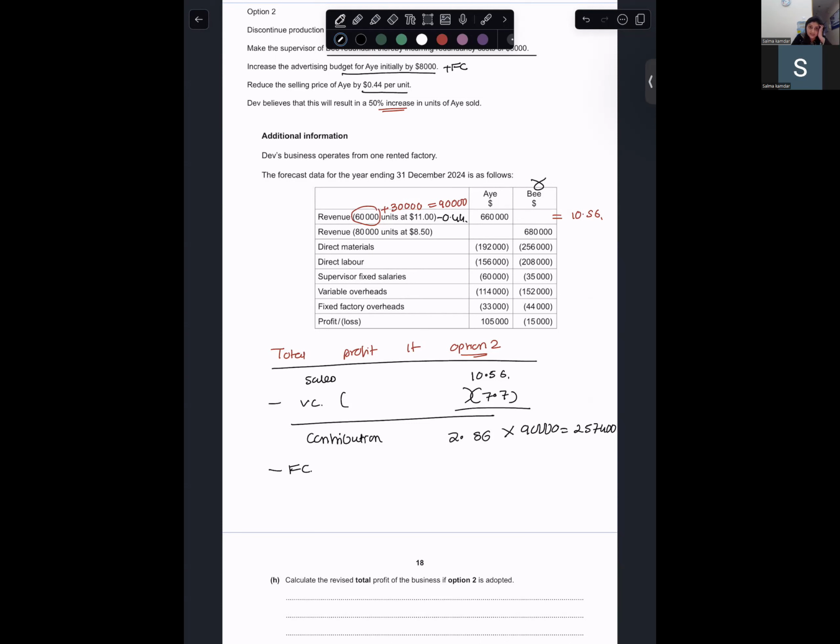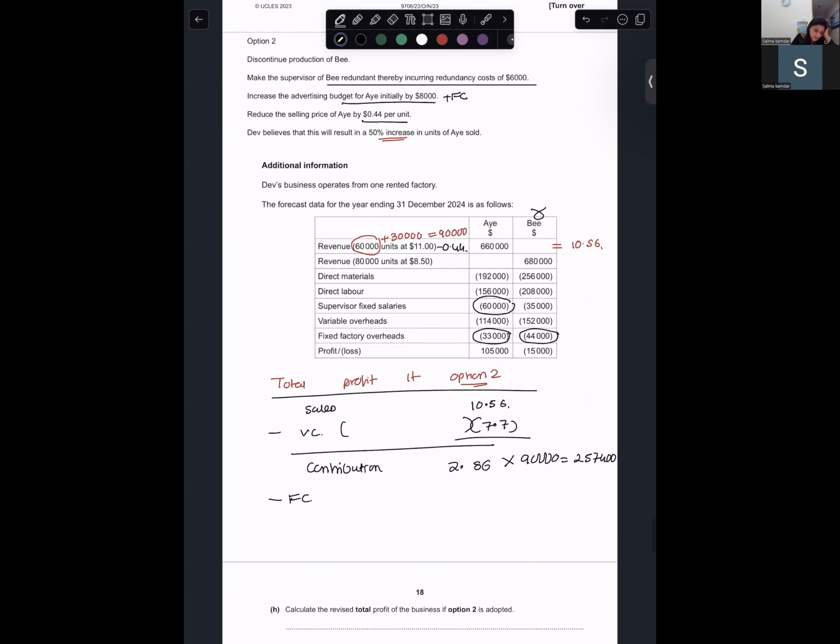So my fixed cost is 60,000 plus fixed factory overheads of B. For I it is 33,000, and 44,000 for the fixed factory overheads of B. There would be a redundancy cost: the supervisor of B will be made redundant, and we are going to give him 6,000, and there would be an increase in the advertisement expense of 8,000.